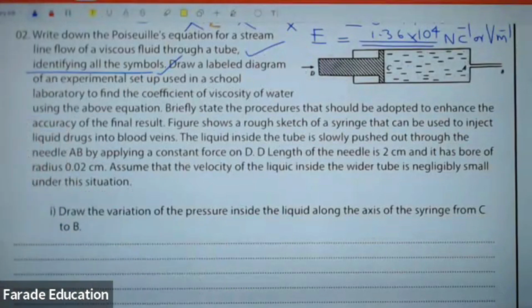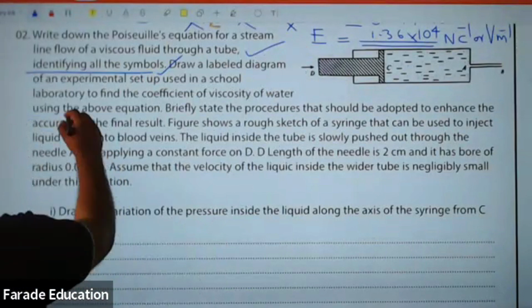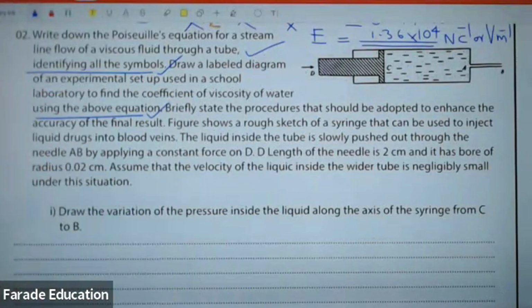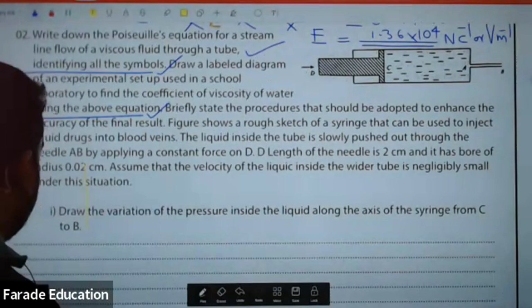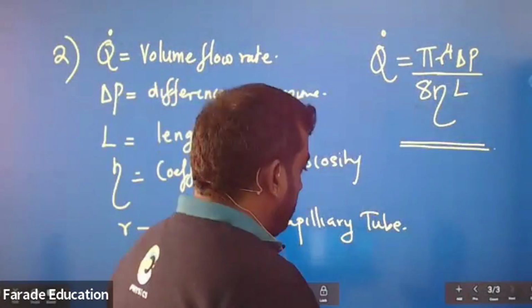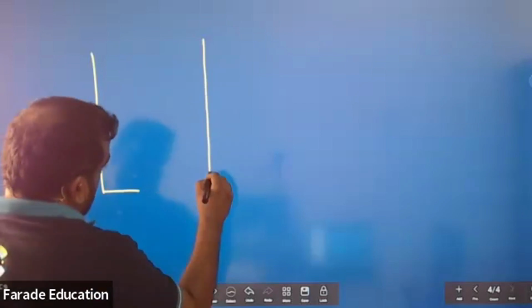Draw a labeled diagram of an experimental setup used in a school laboratory to find the coefficient of viscosity of water using the above equation. Let's do that. I'll show it here. Let's go to the next page. So what we do is we have a constant pressure head.